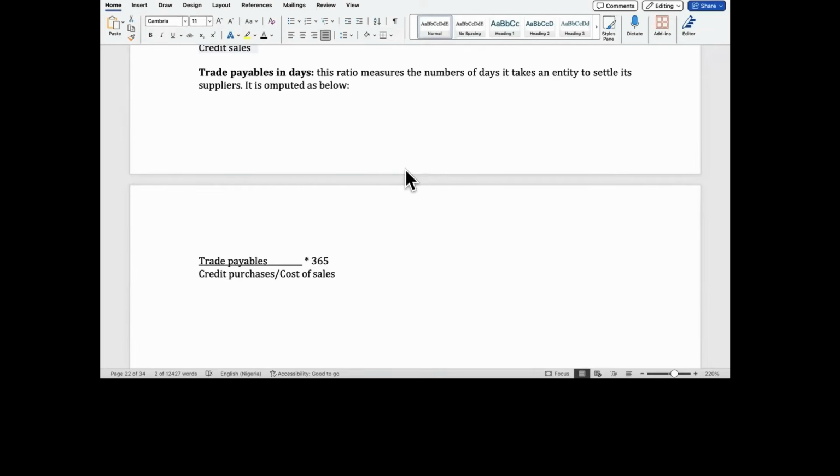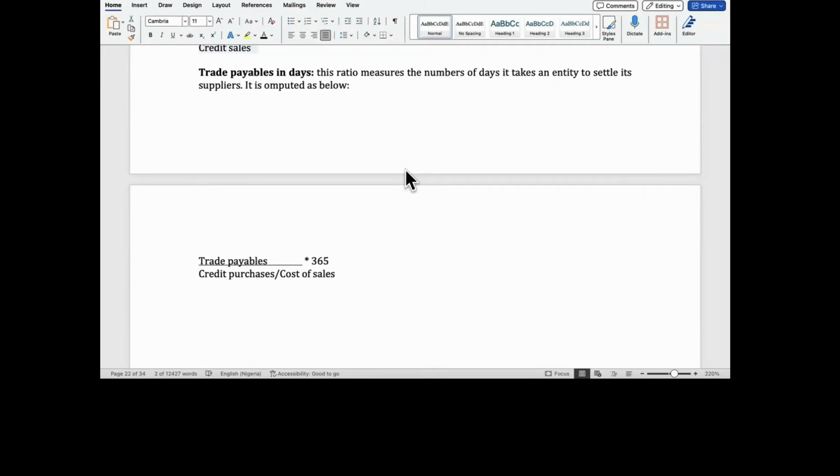But if they have a good liquidity ratio, and it is improving as well, and their trade payables in days is also extending, then you can interpret this as the supplier having given them additional credit.